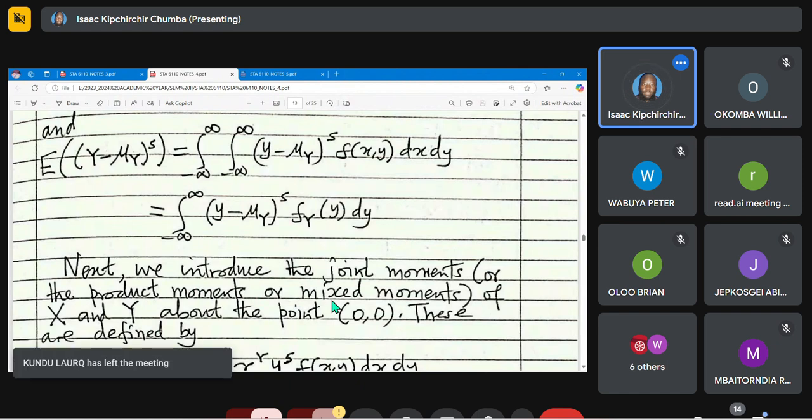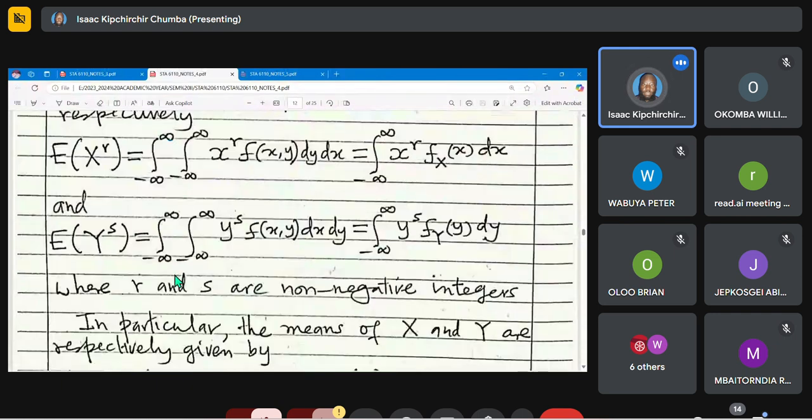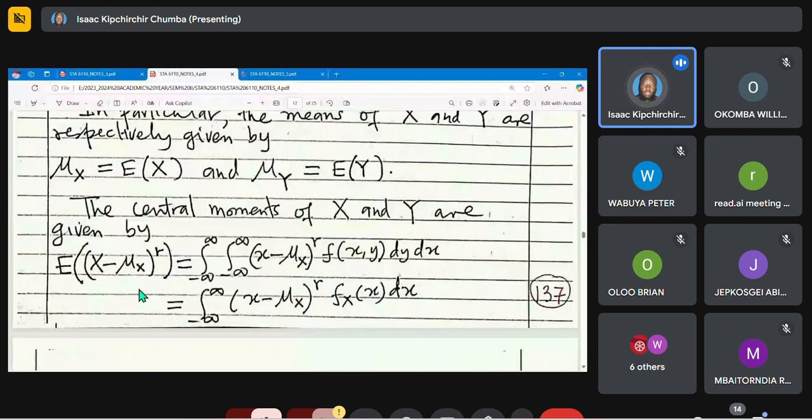So when you talk about the origin, even when you are talking about raw moments, they are moments about the origin. Origin means mean equals zero. It's like saying raw moments are central moments about the origin, because central moments are moments about the mean. So when you take the mean to be zero, you get raw moments.